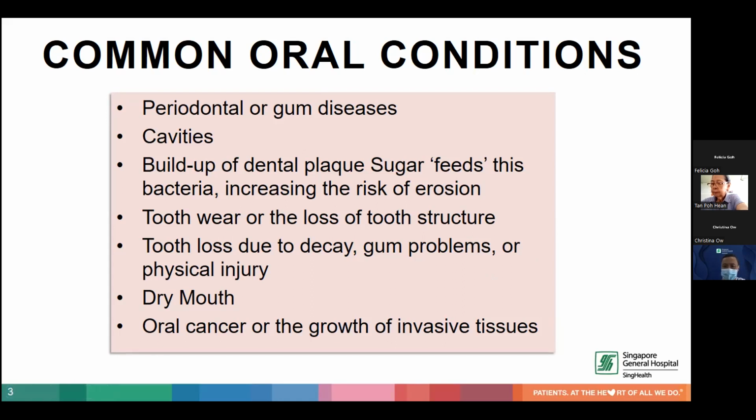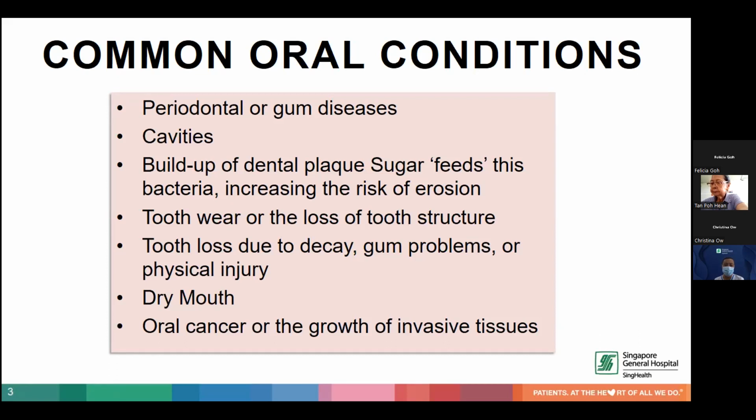Sugar feeds these bacteria. Also increasing the risk is erosion, tooth wear, or the loss of tooth structure due to friction from chewing, grinding, or from excessive brushing or picking, or chemical erosion from acidic diets or gastric reflux.